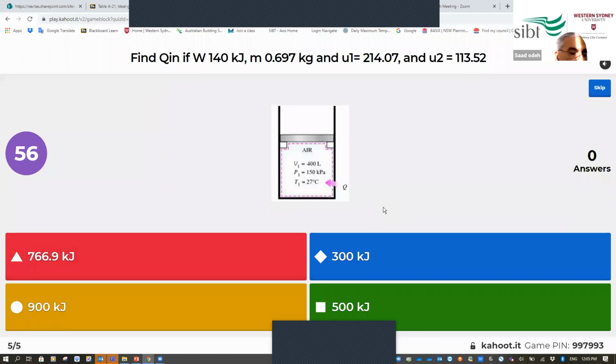So W is given. So what's happening here is we have Q entering the system minus W must equal delta U. We're given U1 and U2, find out Q. This is the energy balance.